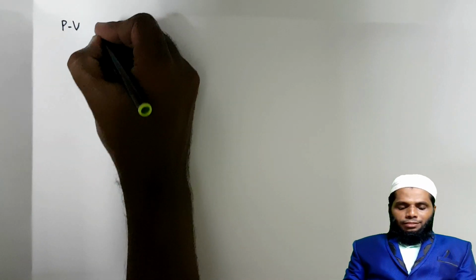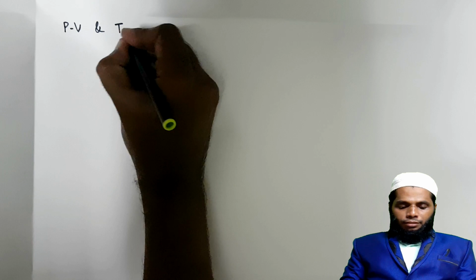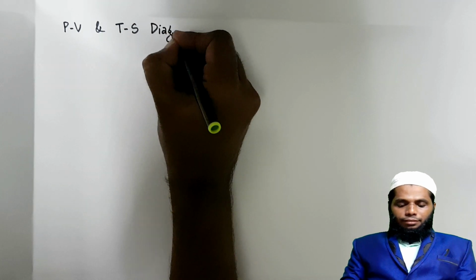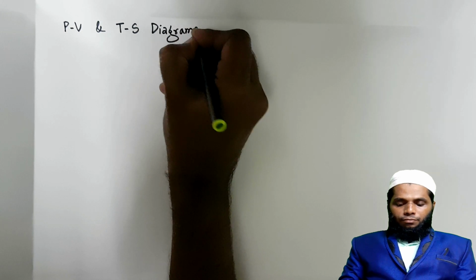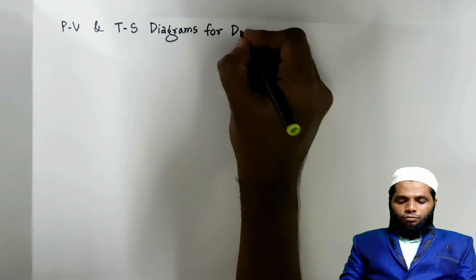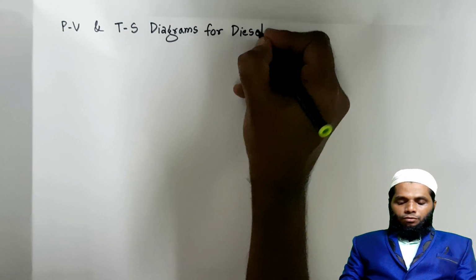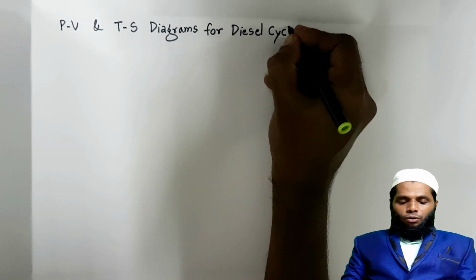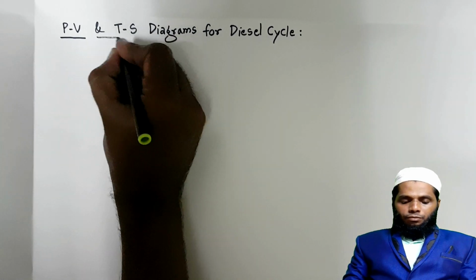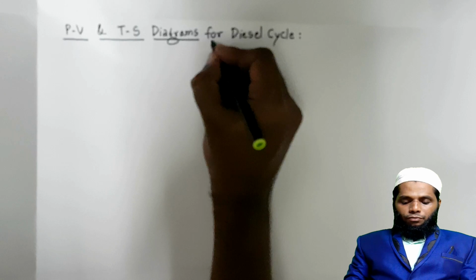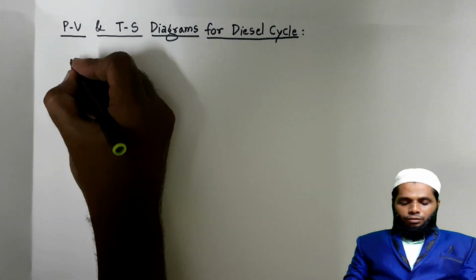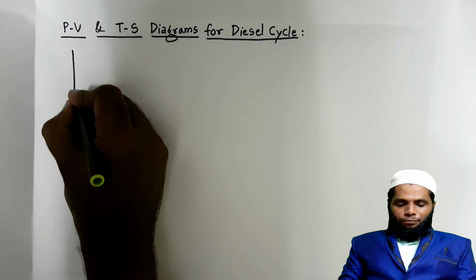So we'll represent all the processes on PV and TS diagram for this diesel cycle. So one by one we'll show all the processes. So first we'll draw PV, that is pressure volume diagram.